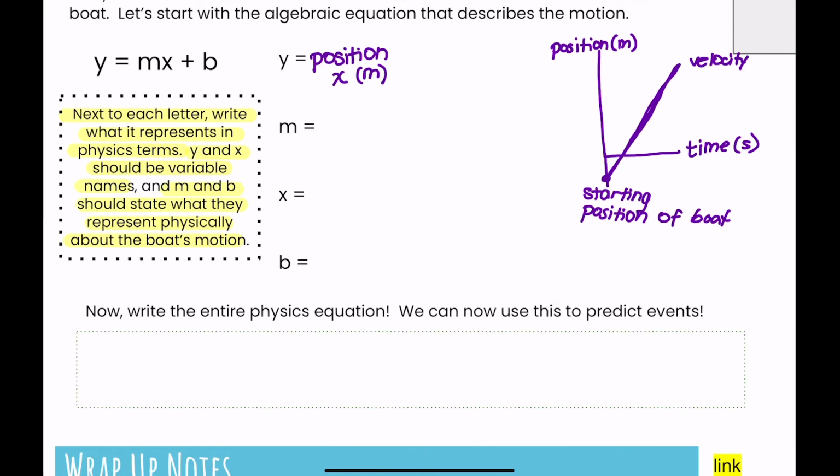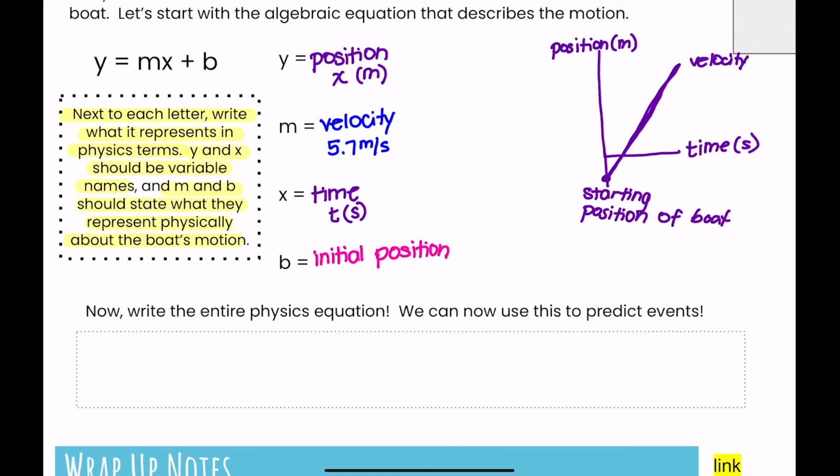And our slope was velocity, and the number that we got from that is 5.7 meters per second. And then our x-axis, which here says time, the symbol for time is T with units in seconds, and the y-intercept for that is the starting position or the initial position.